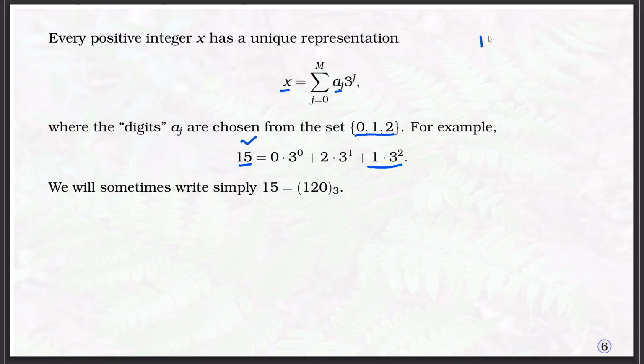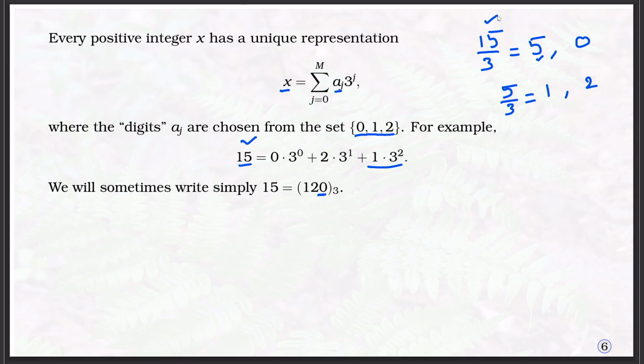If you want to construct this for any number, I will show how to find the base 3 expansion of the number 15. You simply divide the number 15 by 3, then it has a quotient and a remainder. The quotient is 5 and the remainder is 0. Therefore, the first digit in the base 3 expansion is 0. Then you take the quotient 5 and divide it by 3, and one gets quotient 1 and remainder 2.